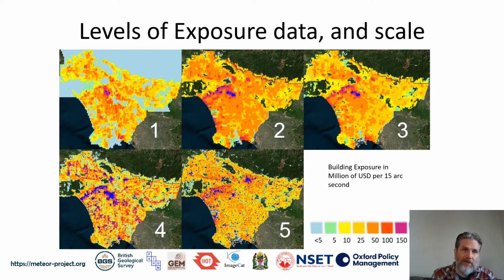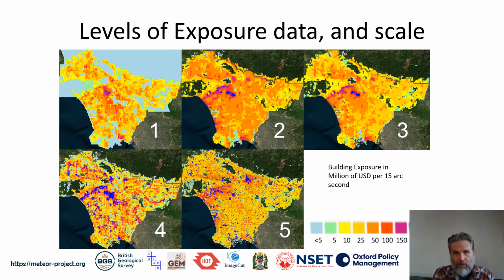So if you look at each of these, you can see that there's quite a bit of difference in terms of the spatial representation of, in this case, the value of buildings. As you go into level 3, 4, 5, you can see what's actually the Wilshire corridor coming up from the coast there. This line of purple gets more or less distinct, depending on which data source is used. And it becomes crisper, almost like something is brought into focus. And that is because of the scale of the data that's used.